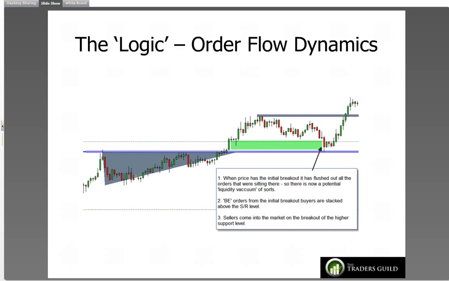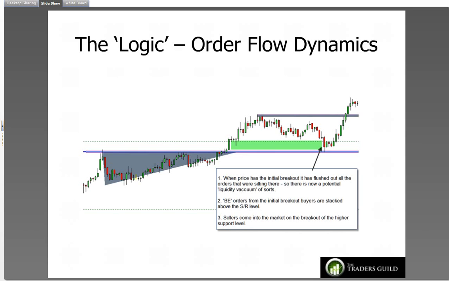We know that there are low sell side orders here because of the breakout rush, and any time price moves fast, it's because of a lack of liquidity on the other side of the market. Price always moves to find liquidity, and a high momentum move suggests low liquidity on the other side of the market. And we know that's occurring here because we know what occurs when we have a breakout. So we've got a liquidity vacuum of sorts, because most of the orders have been cleared within this area.